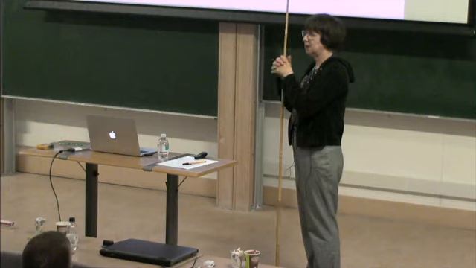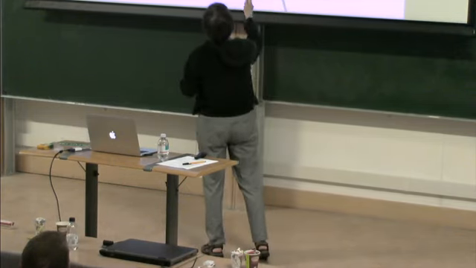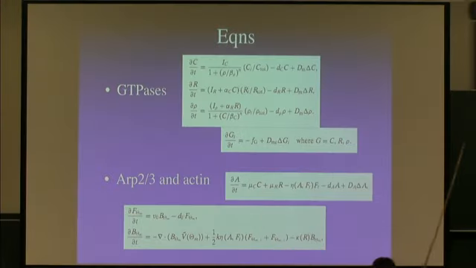Ideally, it would be nice in the future if we could figure out what sort of functions to put here that connect to what's actually known about these GEF and GAP proteins that activate and inactivate the GTPases. So that may emerge.